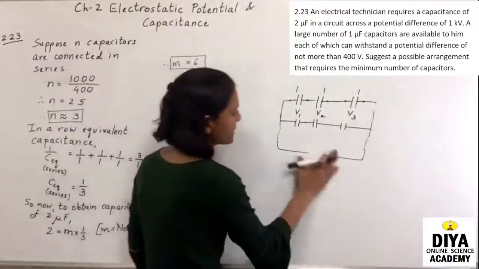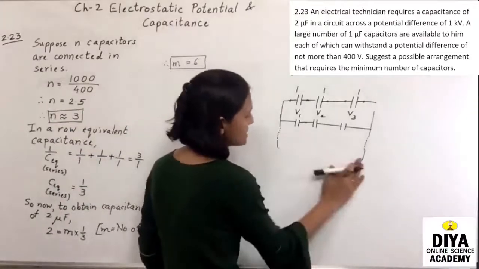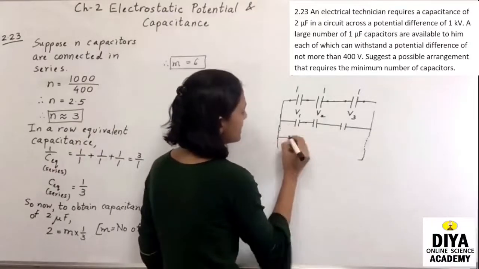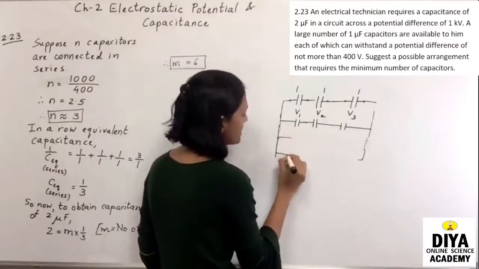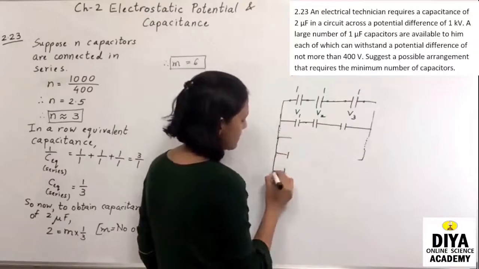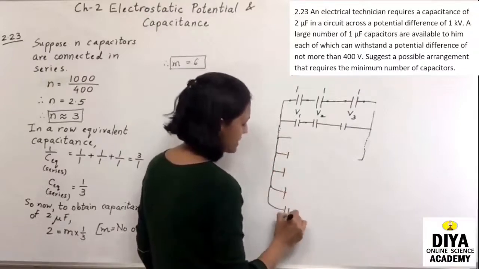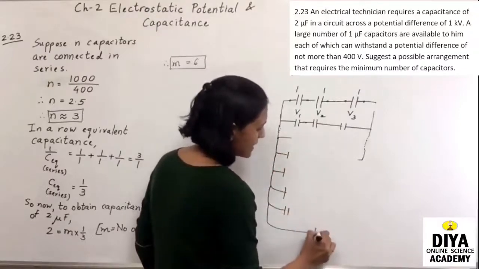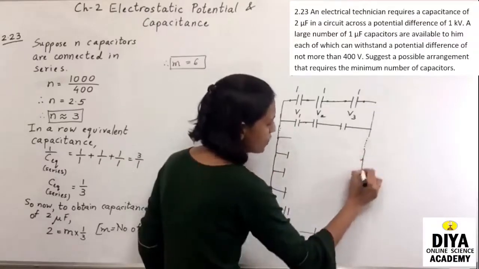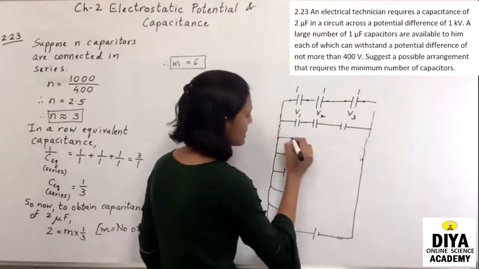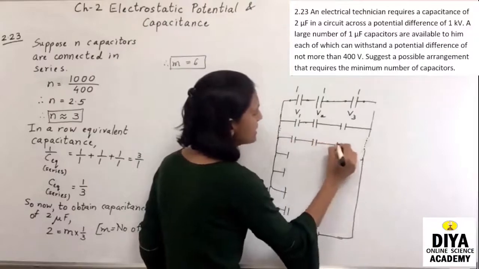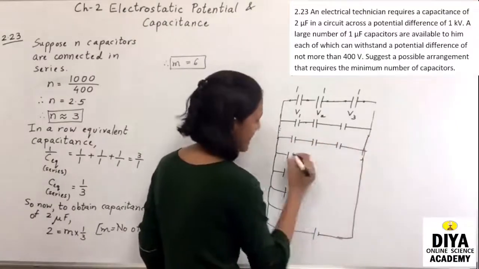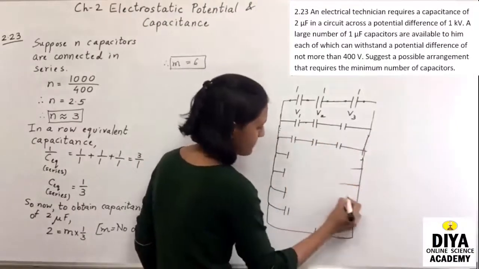अब ये जो यहाँ पर है ऐसी 6 रोज बन जानी चाहिए, 1 then 2 then 3 then 4, 5th and 6th, and across that 1000 volt, 1 kilovolt is connected. So this is the required arrangement. Likewise it will be connected.